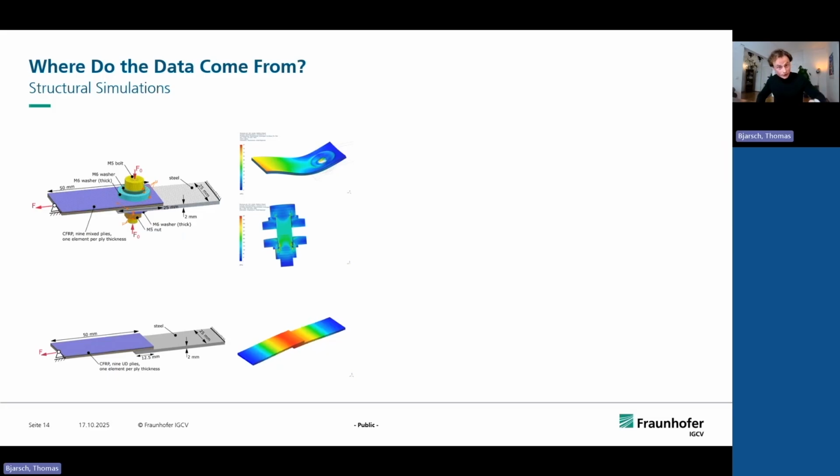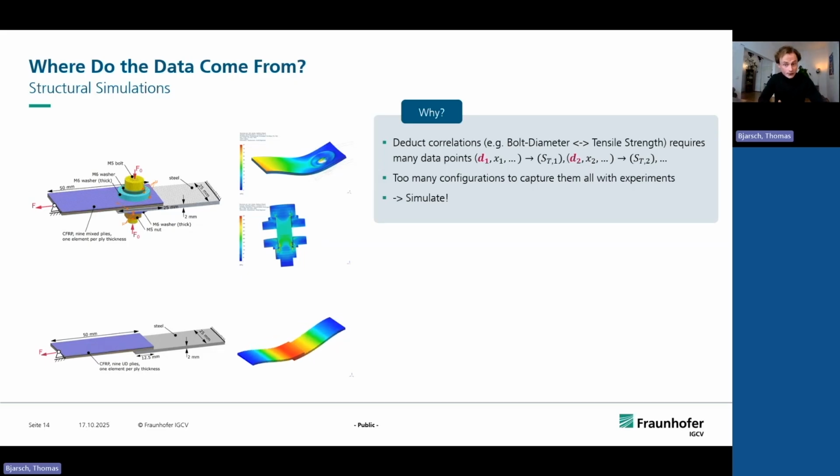The second source of data and information were simulations. We see here two models. The upper one is the bolted simulation model, the lower one the adhesive bonded specimen. They've been created by Novicos. Also here, why did we do this?